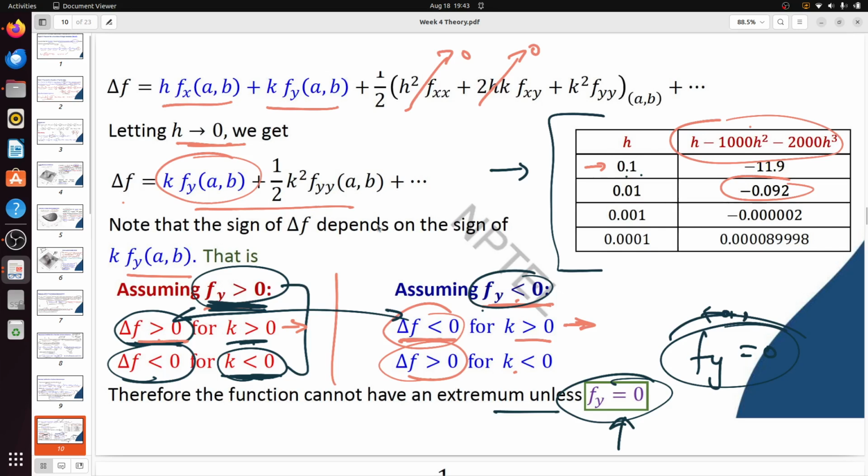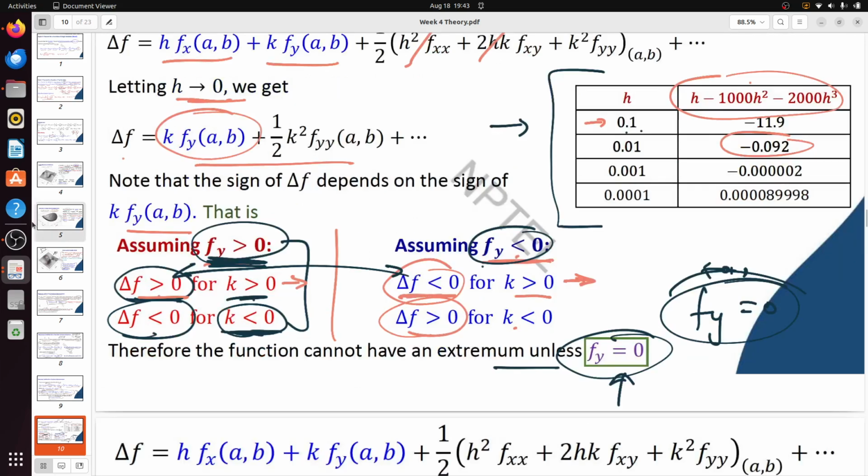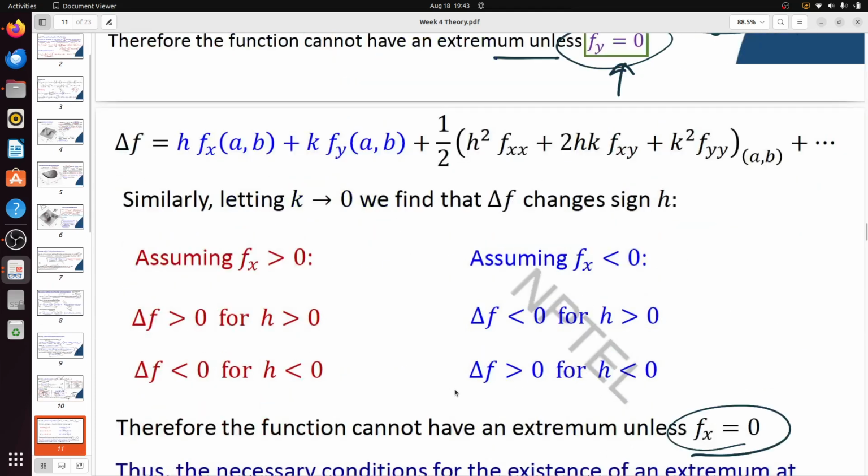So the sign of delta f, if you take h, k tending to 0, depends on the sign of the second order term. You can actually determine this using eigenvalues also, but since we have not discussed them, I will not discuss using eigenvalues. I will just go to the theorem part.